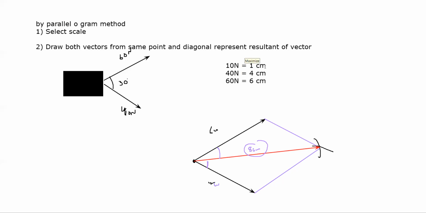For the direction, you measure the angle with one of the vectors, and that is referred to as the direction.